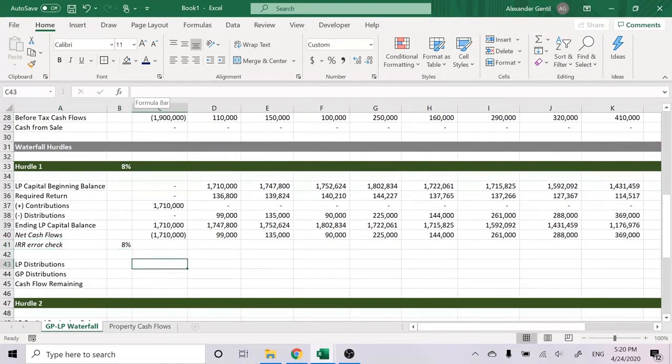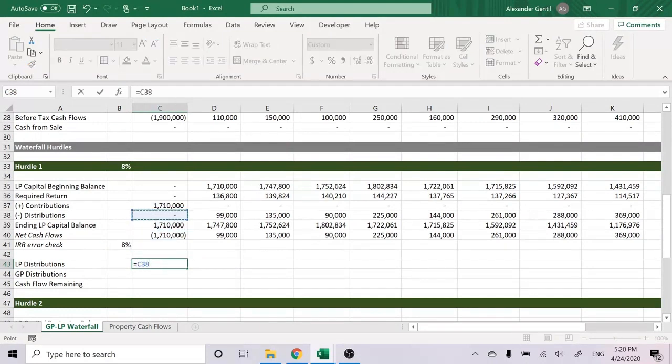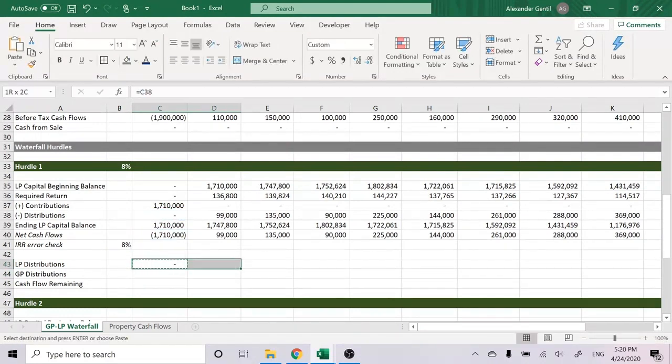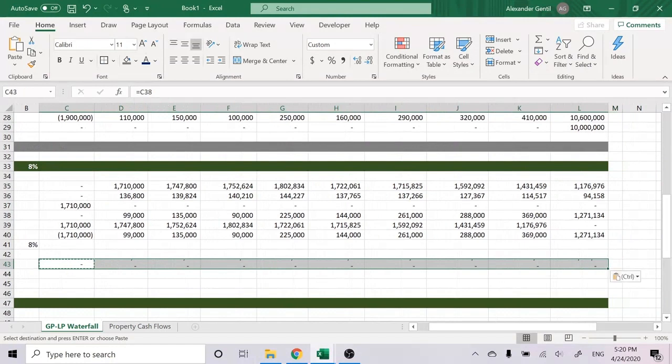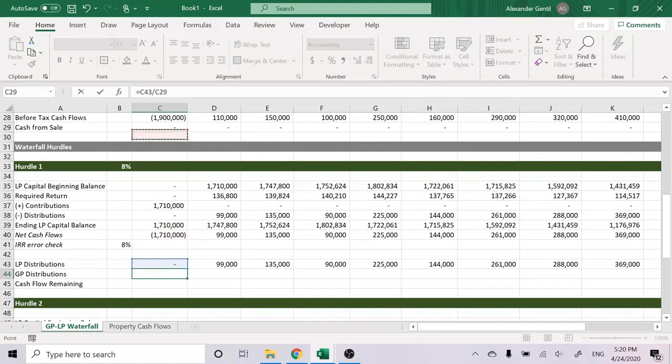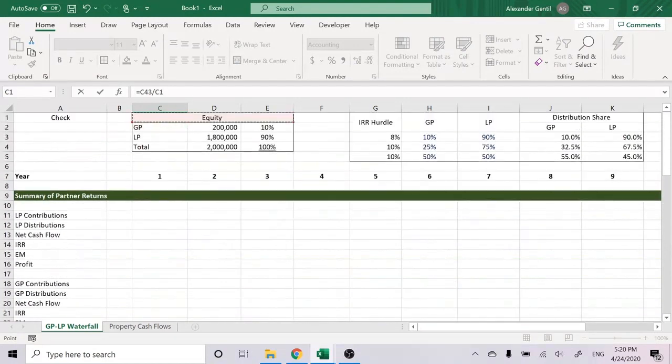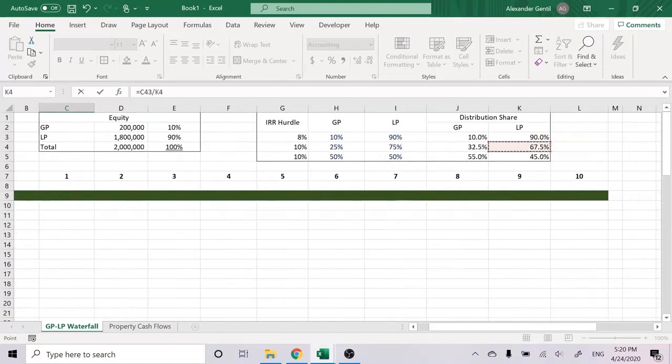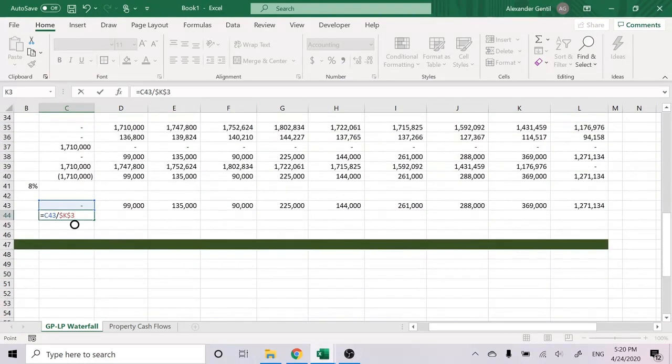Okay? So, in terms of distributions, we just add the partner's distributions for that period. And then, so the GP distributions, we need to figure out what the original amount was and then multiply by the GP share. Okay? So, we take the LP distributions and we divide it by the share to figure out the original amount.